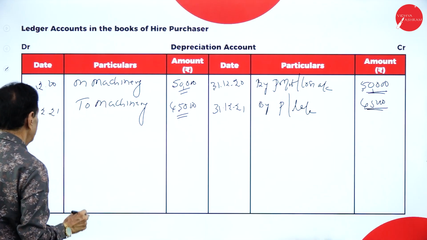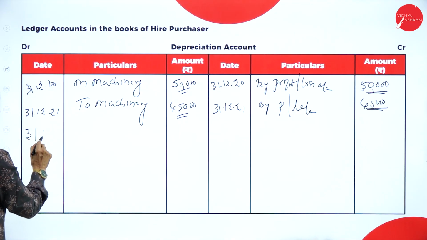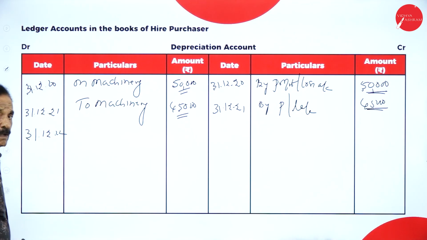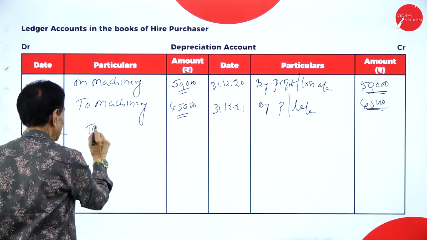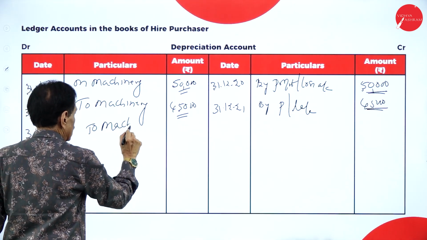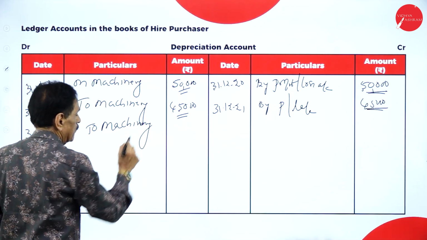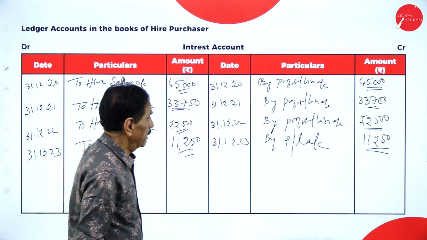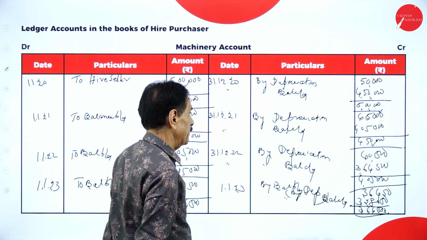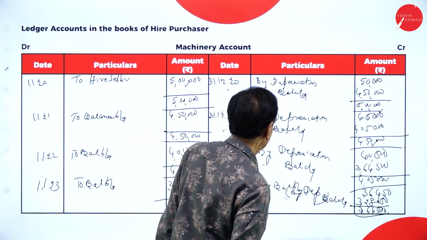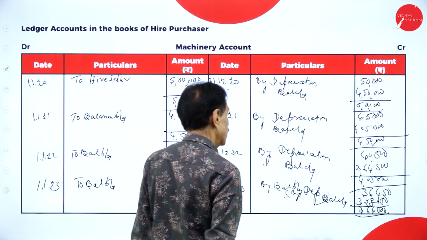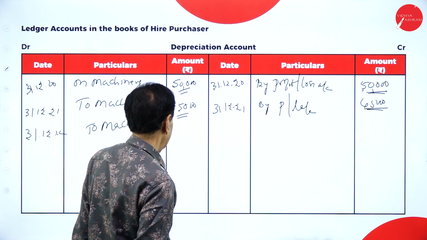Third year, to machinery, third year, 40,500. First year 50, second year 45, third year 40,500.